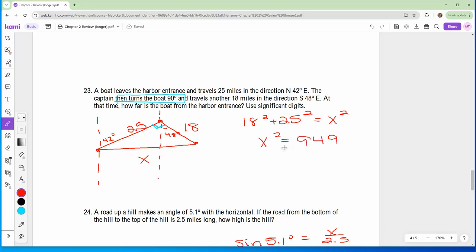I said significant digits, so that means go ahead and give me the decimal. You don't have to break down your radical. So that one comes out to be 30.8058. There were only two significant digits in the problem, so we would call it 31 miles.